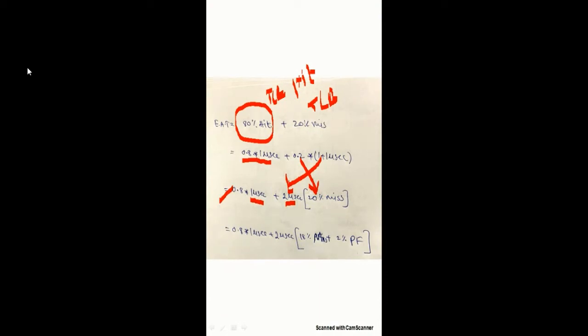In TLB miss, again there are 2 scenarios: one is page hit, and the other is page fault. In TLB hit, 1 microsecond, we understood this.